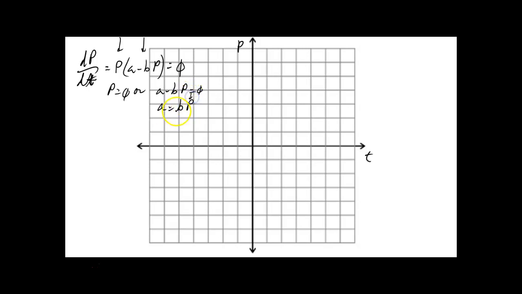How do you solve for P? Divide both sides by b. So either P is equal to 0 or P is equal to a over b.